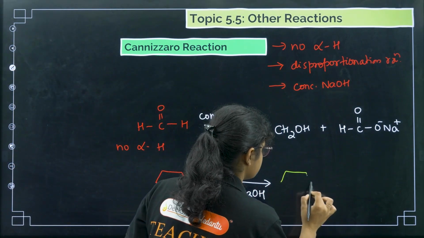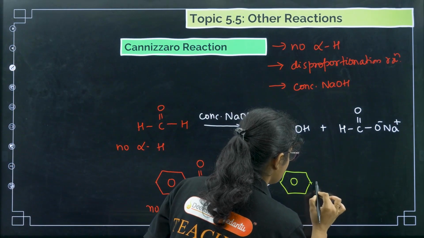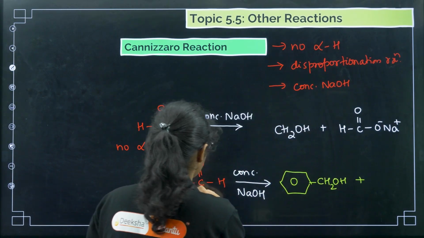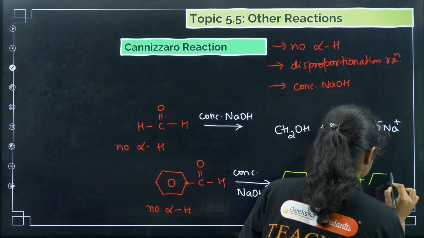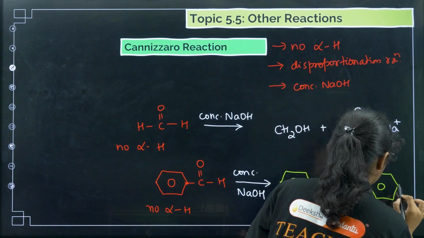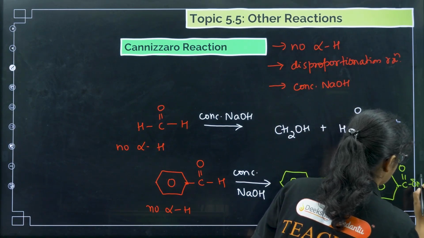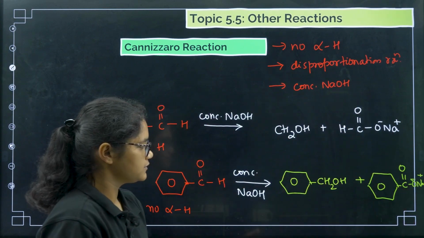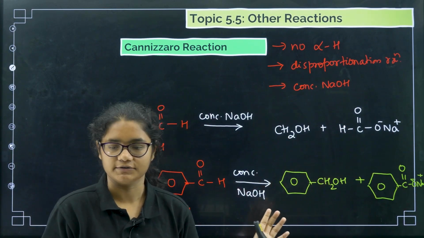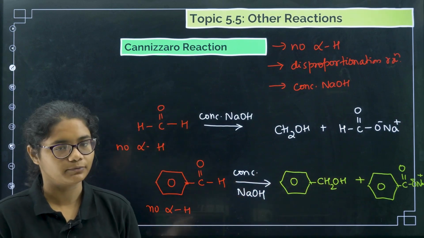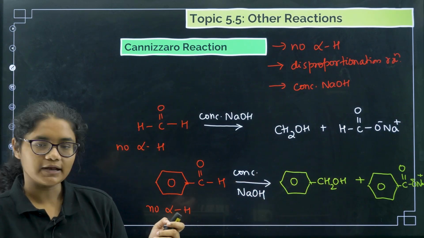First of all, this one will get converted to alcohol, and the next one will get converted to the salt of carboxylic acid. Okay, so self oxidation and reduction. So alcohol is your reduction product and the salt is your oxidation product. Clear? So done with this also.